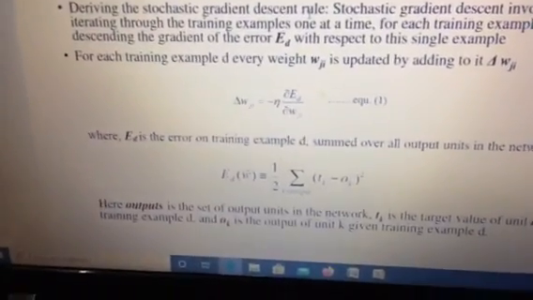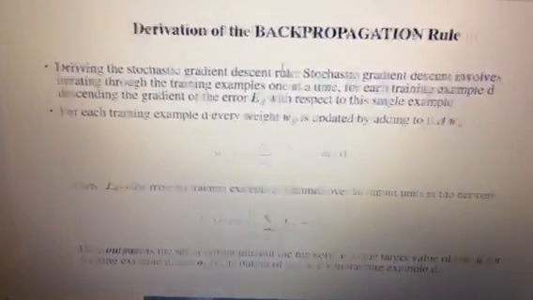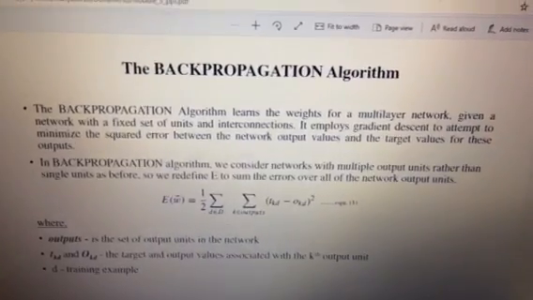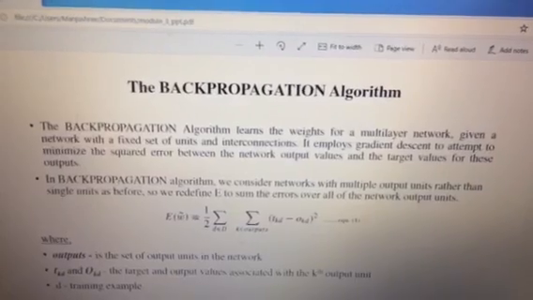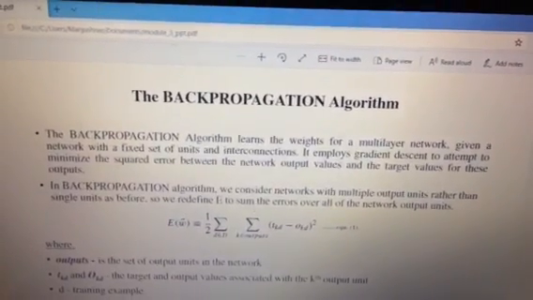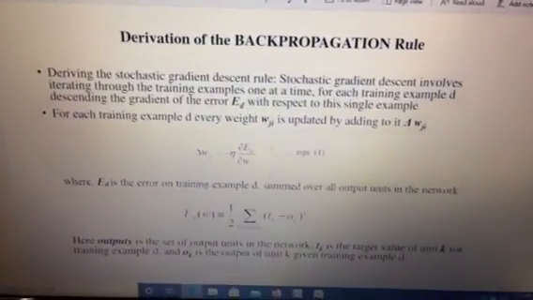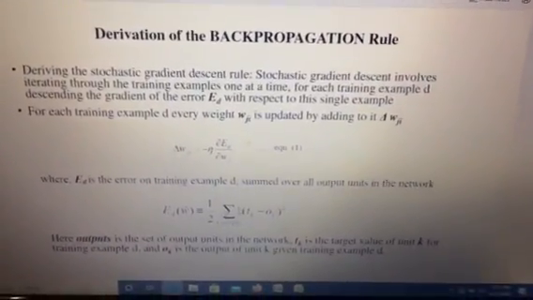Suppose I am taking the gradient descent method instead of the stochastic gradient descent, then I have to consider two summations here, that is, d belonging to capital D, indicating that we are considering the complete data set. Since I have taken only the stochastic gradient descent, I have taken only one summation here, as a particular training example has been chosen.